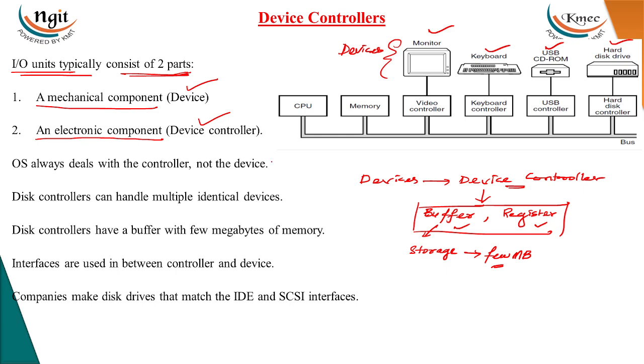The operating system deals with the device controller because the operating system sends commands to the devices, and those commands are understood by the device controller. So the operating system deals with the device controller rather than the device.